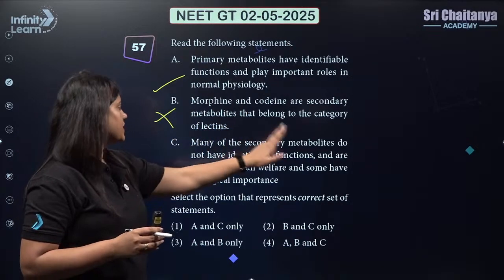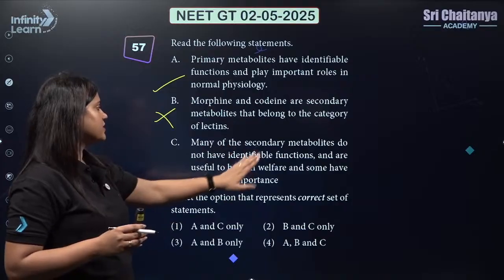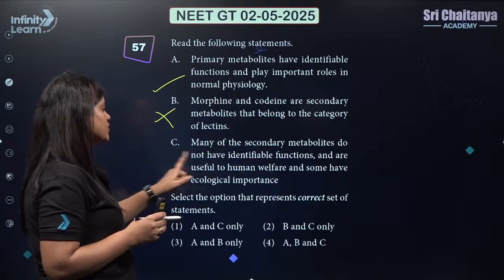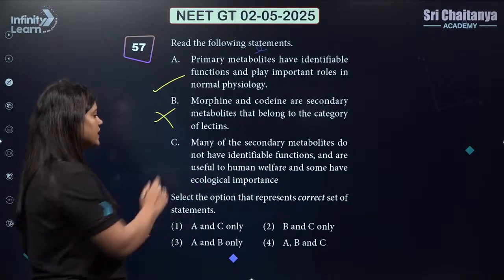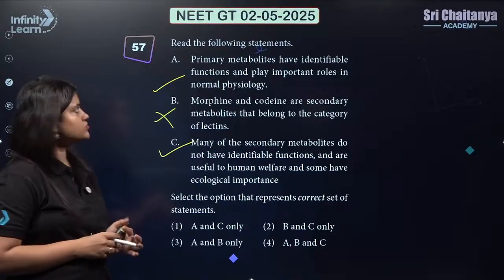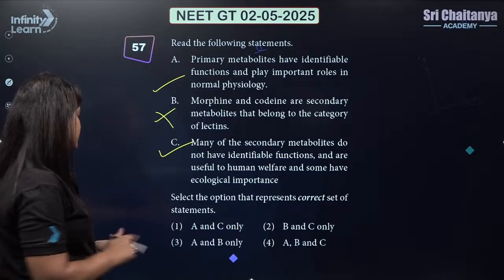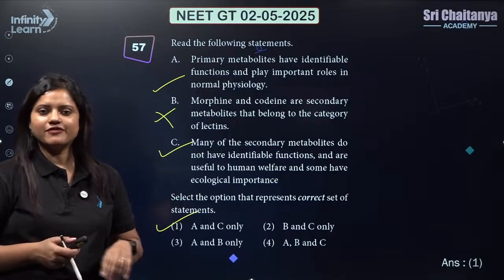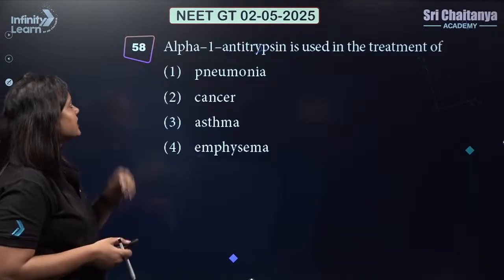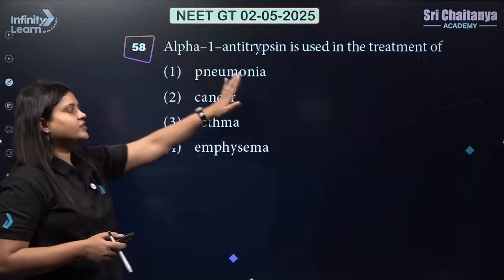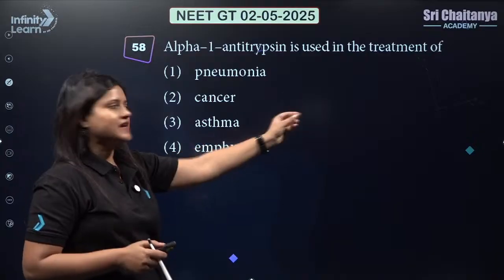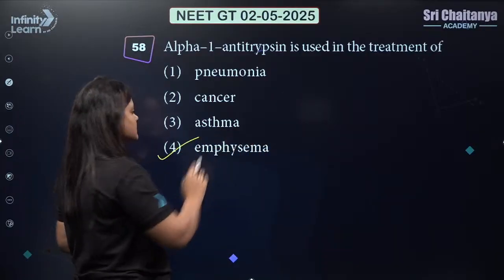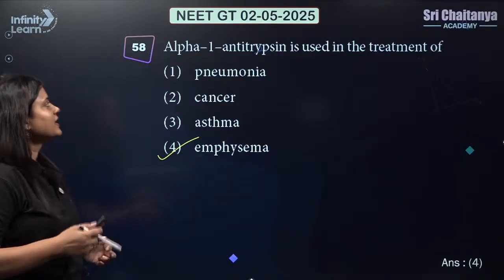Many of the secondary metabolites have identifiable function and are useful to human welfare, and some have ecological importance also. So A and C will be the correct statements. So answer should be 1 again. Perfect, very good. Next. Alpha-1 antitrypsin is used for the treatment of emphysema. So answer is 4.